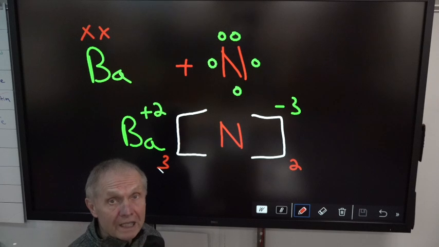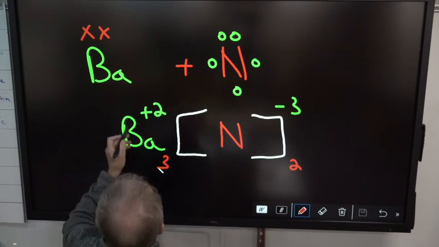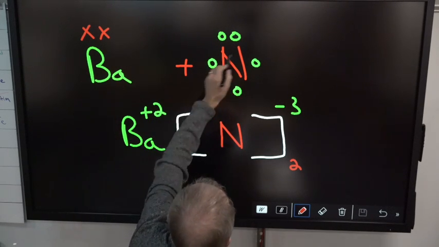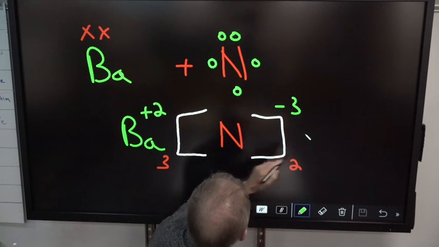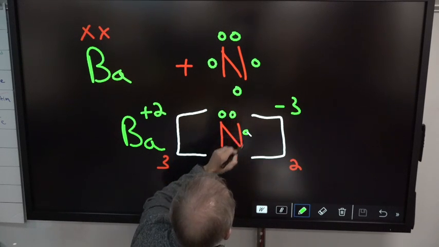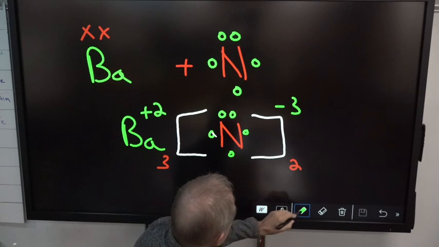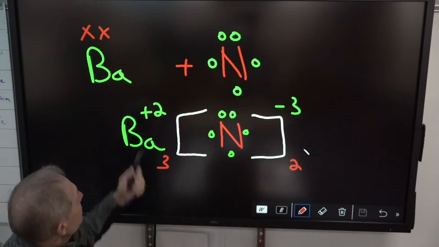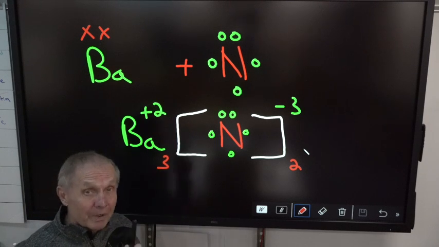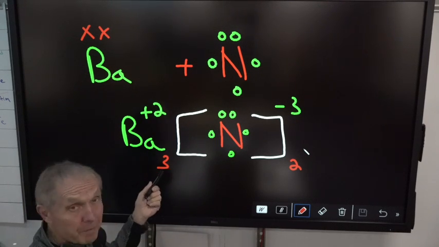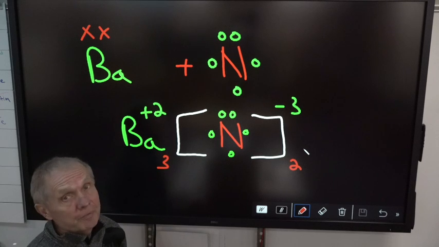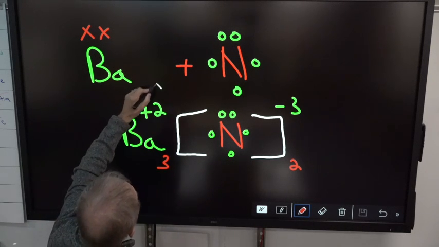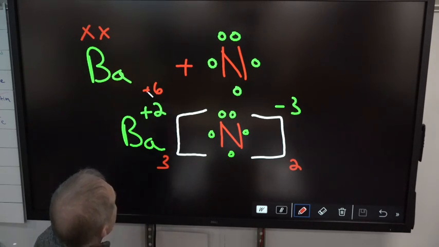Now we can plug in the electrons. We have 5 from nitrogen: 1, 2, 3, 4, 5. Barium wants to give up 2, but there are 3 bariums, each giving up 2 for a total of 6. So we have a +6.